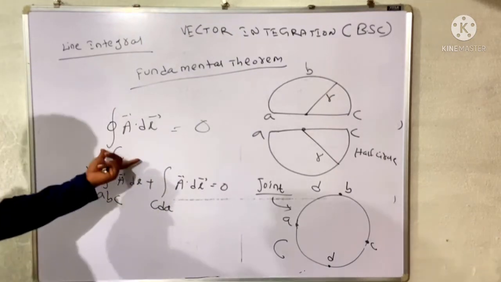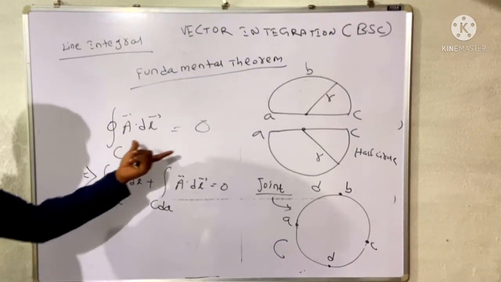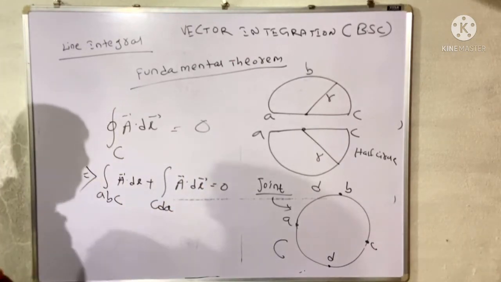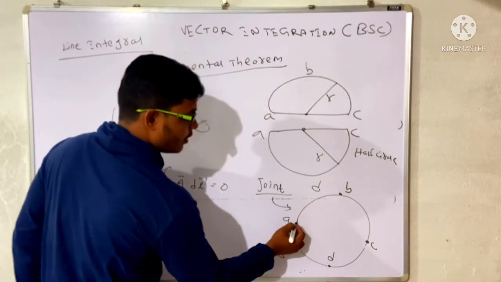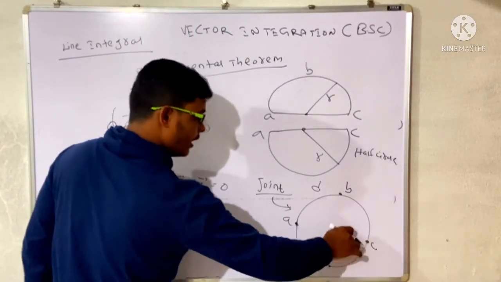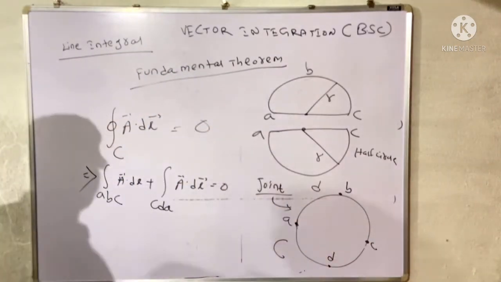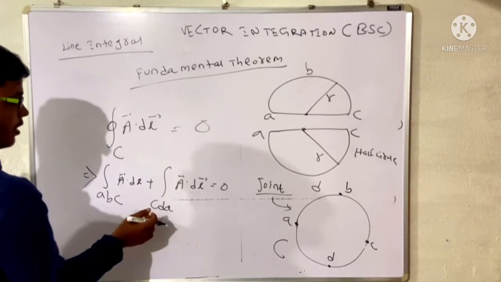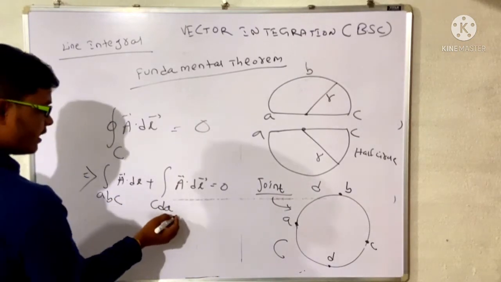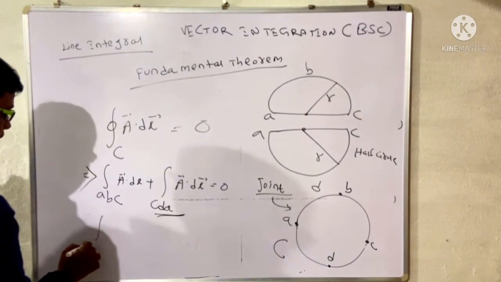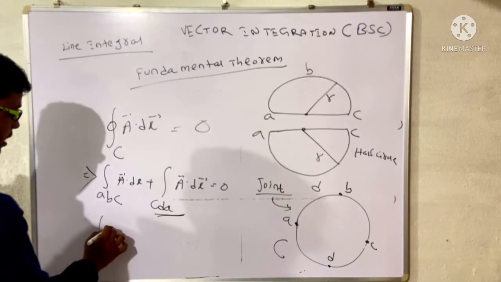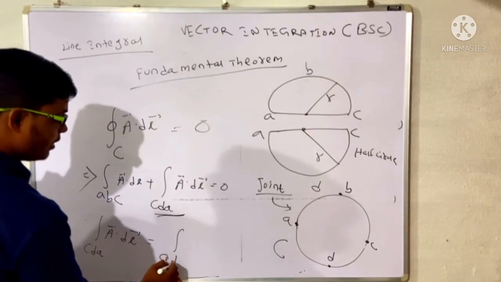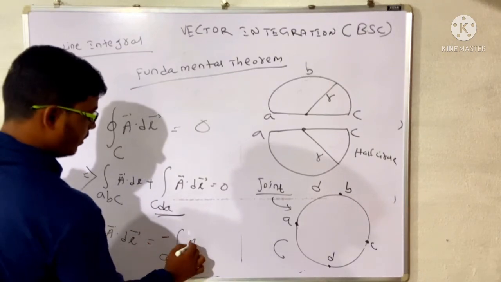So what is the closed path? The integral of A dot dl over the closed path is 0 because the closed path line integral is 0. How is this closed path formed? It is formed using the starting point A, B, C, then again C, D, A. So remember, this is C, D, A. If you change this path to A, D, C, then there will be one negative sign.